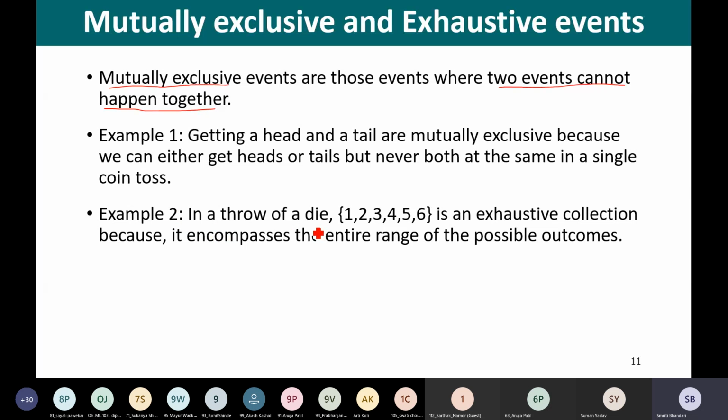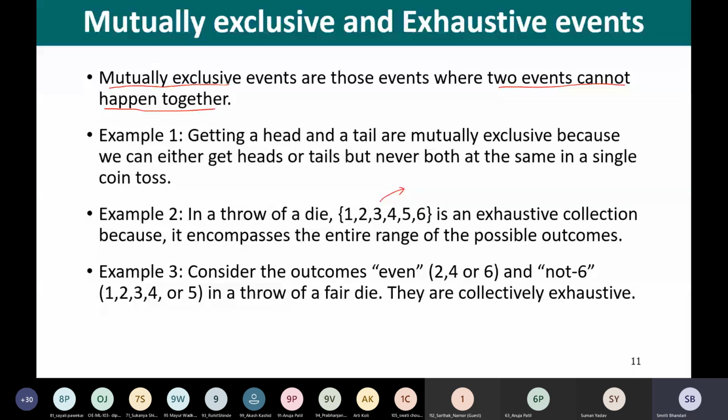Right? One more example. See here, in a throw of a die, this set 1, 2, 3, 4, 5, 6 is an exhaustive collection because it comprises the entire range of the possible outcomes. So we may not have any other outcome other than these 6 outcomes as an outcome of a throw of a die. Okay?